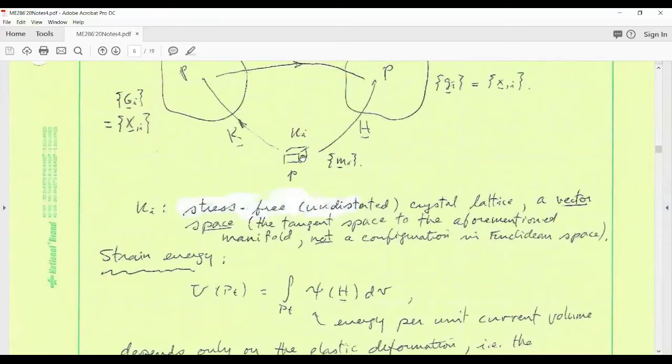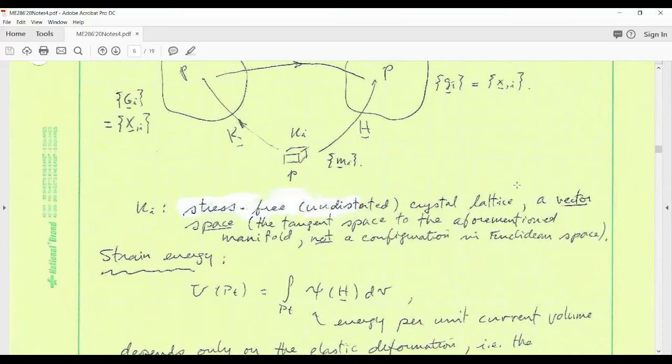So we think of this intermediate state as being associated with an undistorted crystal lattice because it's stress-free. If you remove all the stress from a lattice, it will be in its so-called undistorted or minimum energy state, where it's a perfect crystal lattice like a cube. And that tangent space is a vector space.